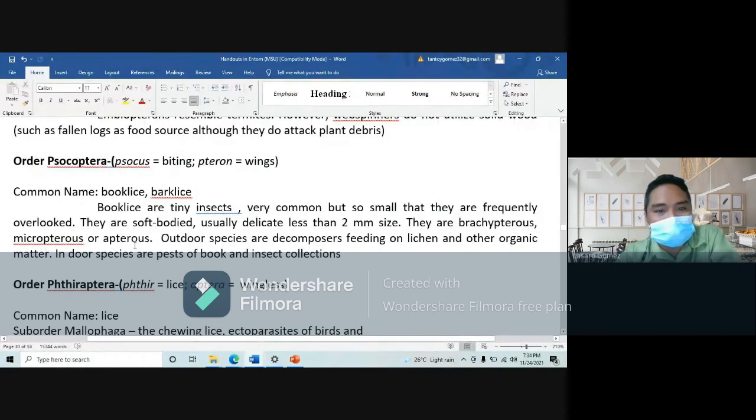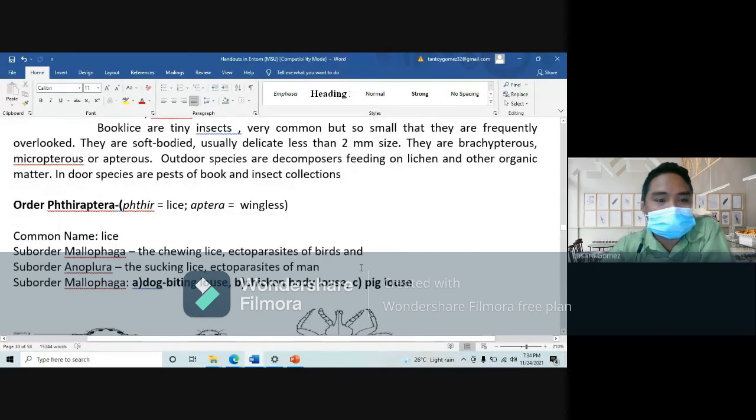Their soft body, usually delicate, is less than 2 millimeters in size. They are brachypterous, micropterous, or apterous. Other species are decomposers feeding on lichen and other organic matter, and some species are pests of books and insect collections.